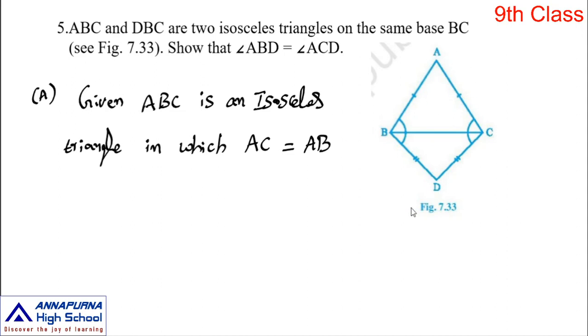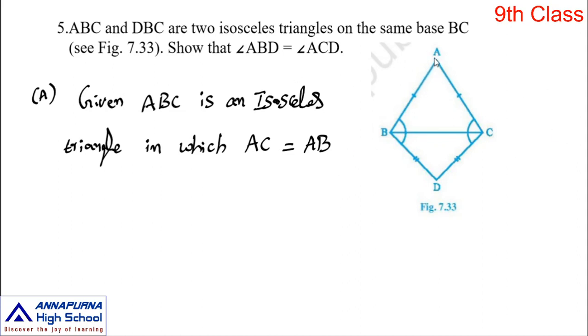This is the given condition. By using theorem 7.2, what is the statement of theorem 7.2? The angles opposite to equal sides of an isosceles triangle are equal.